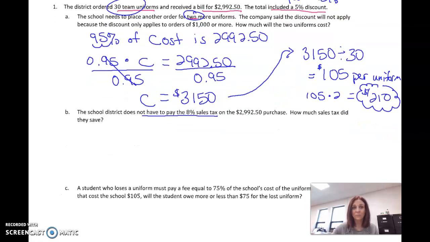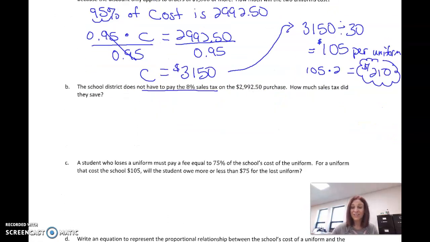Well, schools get exempt a lot of times from having to pay sales tax. If this was just a regular person that wanted to buy this, how would we figure out what the sales tax would be? Well, you're going to pay 8% of $2,992.50.